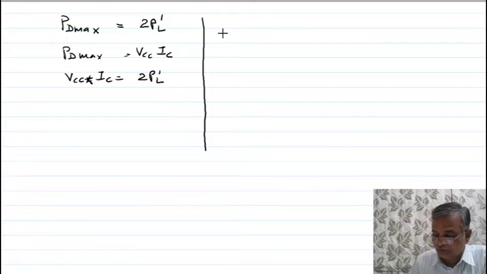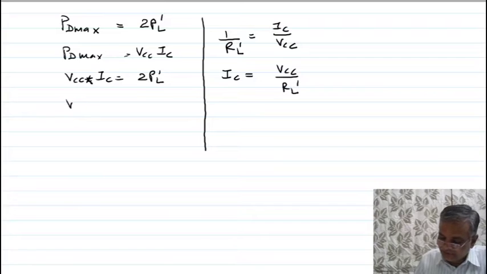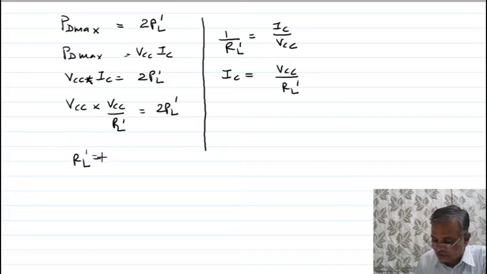Now you know 1 upon RL dash is equal to collector current upon VCC. So I can write IC is equal to VCC by RL dash. Putting this value, VCC by RL dash into VCC is equal to 2PL dash. So I can write RL dash is equal to VCC square upon 2PL dash.